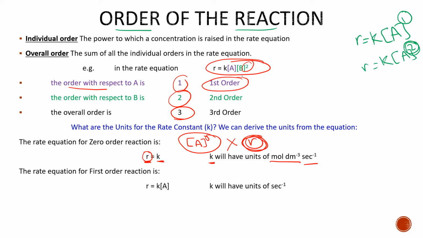What if we have first order? If we have R equal to K multiplied by the concentration of A, the units of K is second to the power negative 1. Why is that?